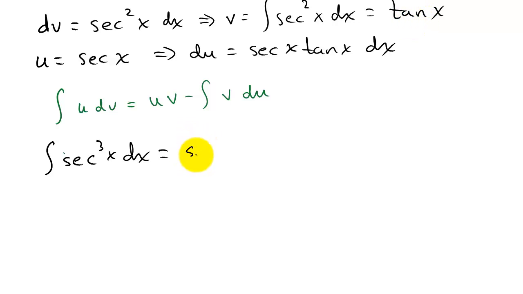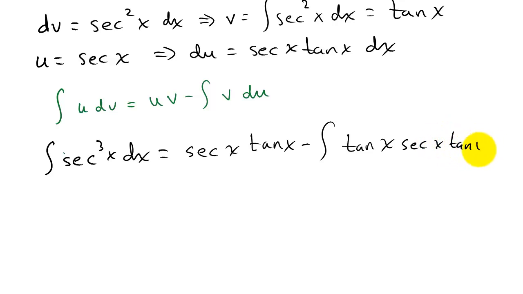So that's going to be secant x tangent x minus the integral of v, which in this case is tangent x, times du, and du is secant x tangent x dx.